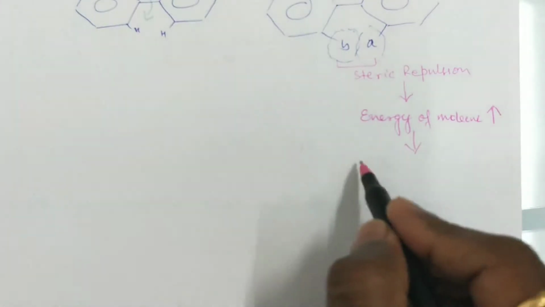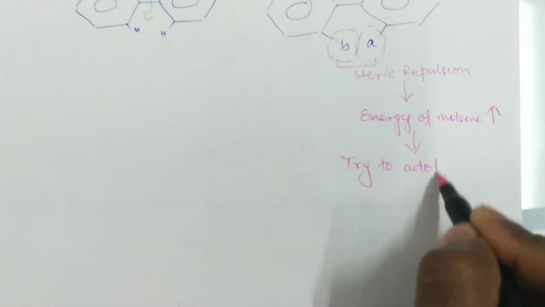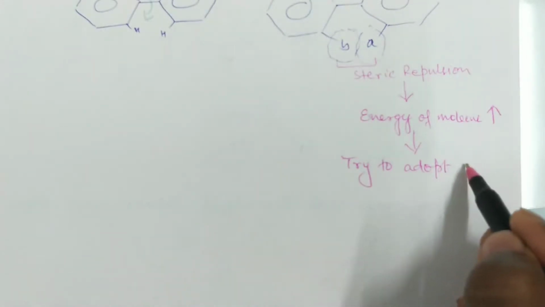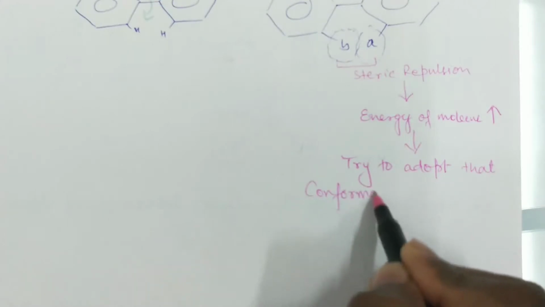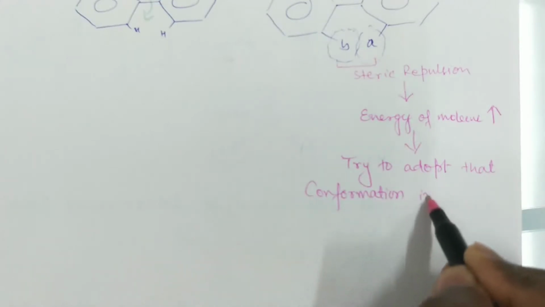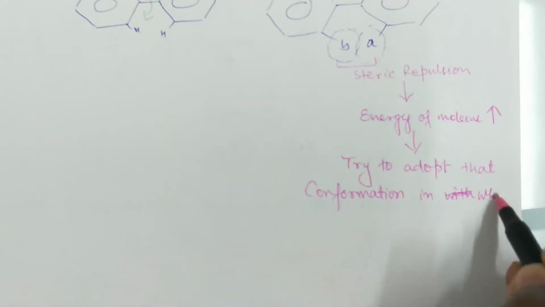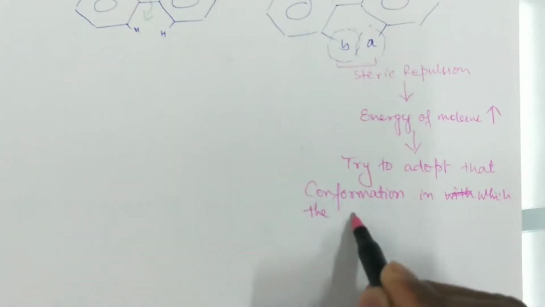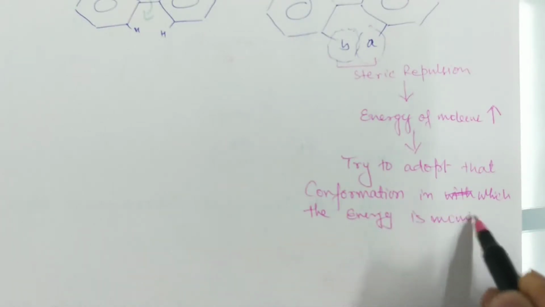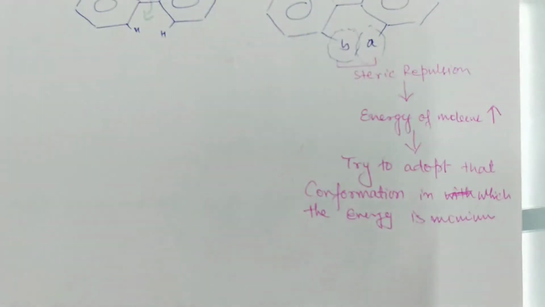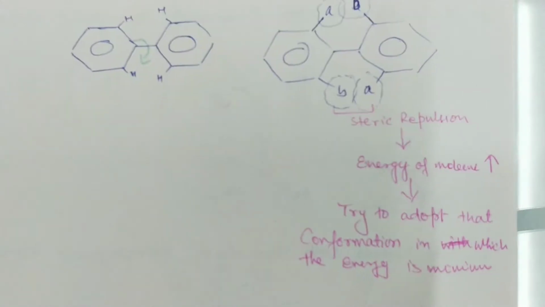Then what will the molecule do? The molecule tries to adopt that conformation in which the energy is minimum. Right? So how can this molecule decrease its energy?